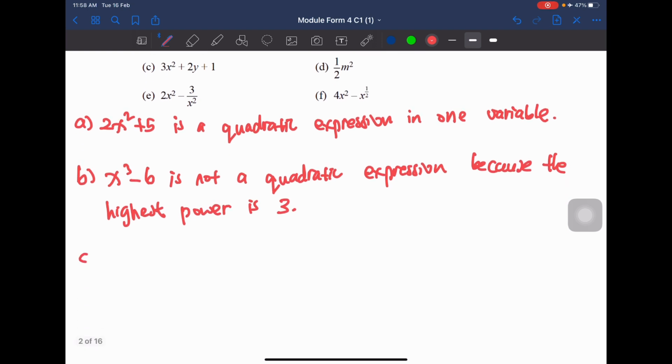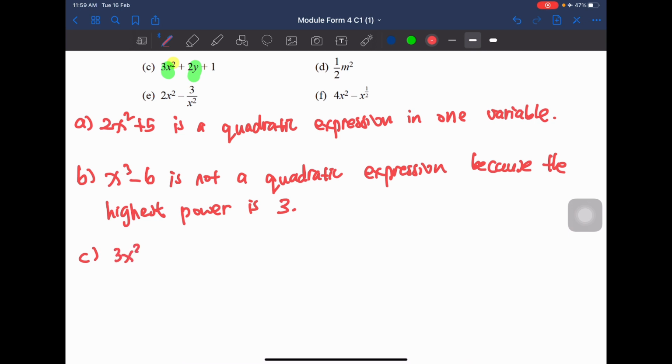Okay, next C. Sekarang tengok C. Kita highest power 2. Dah cantik dah situ. Cuma kita ada variable x, kita ada variable y. So ada dua variables. So bukan quadratic expression. So how can we write the answer?